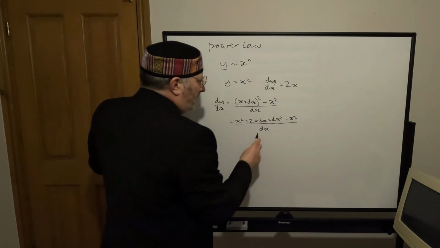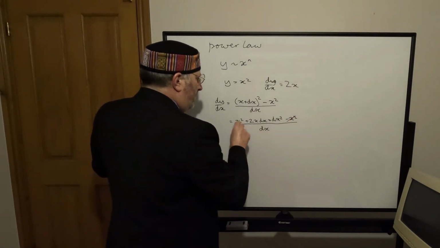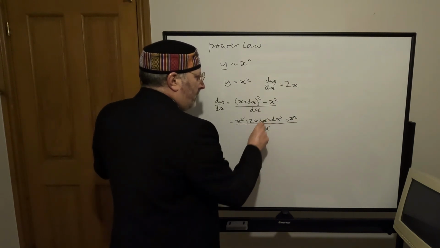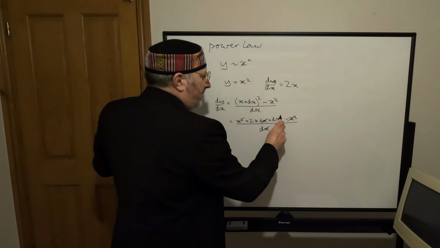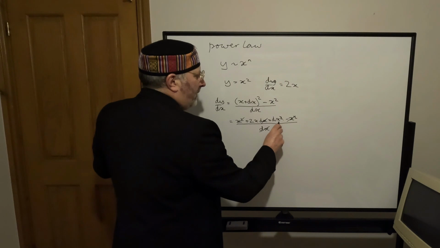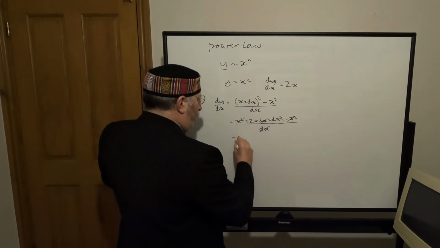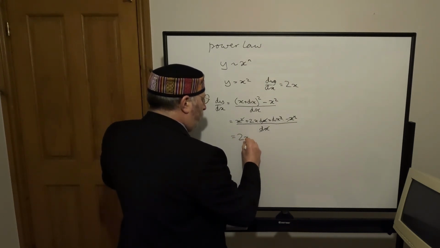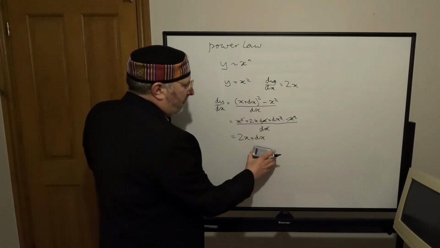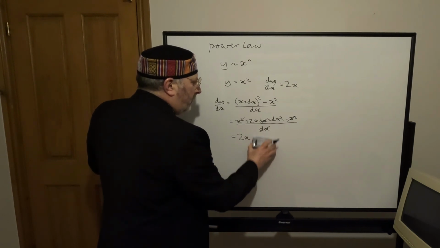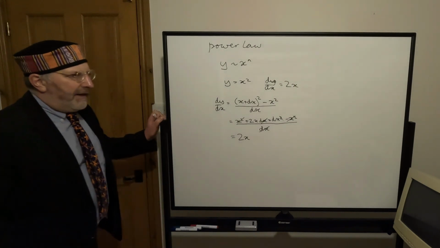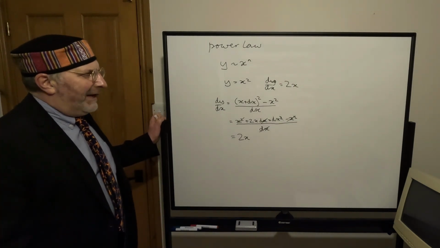And then we can cancel here the x squareds, and this cancels with one of these dx's, so we are just left with dx. So we get 2x plus dx, and dx is 0, so we get rid of that. So dy by dx equals 2x. That's just a recap of what we did in the first lecture.